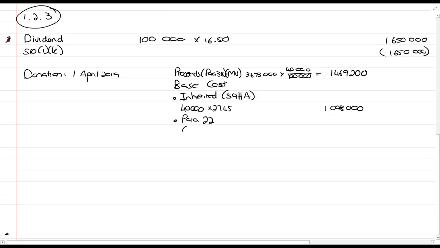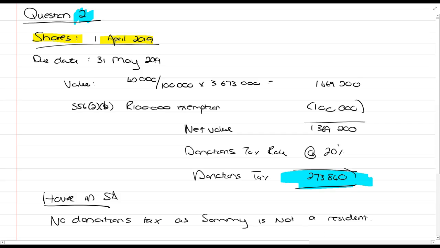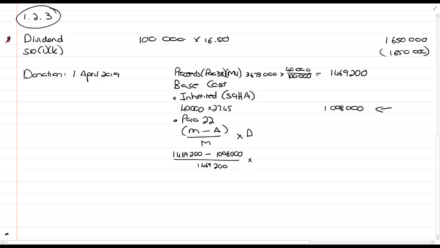Paragraph 22 says M minus A over M times D. M is the market value, 1,469,200. A is everything else that's in base cost. So the 1098 over M, so 1,469,200, times the donations tax that you paid, 273,840.